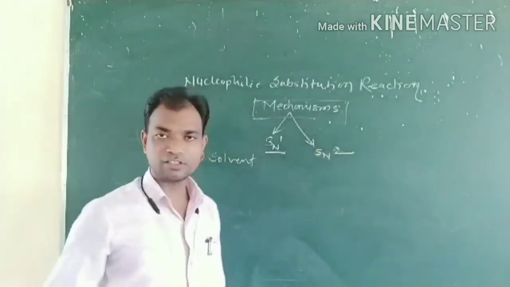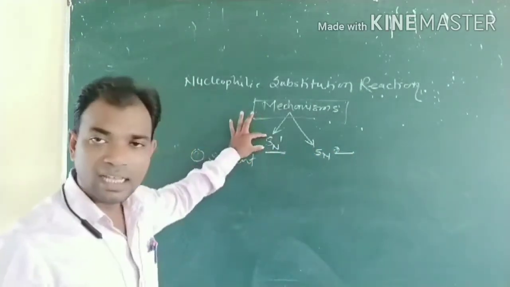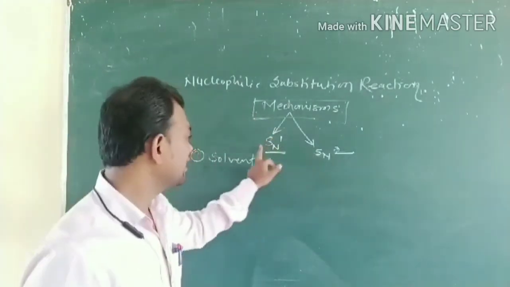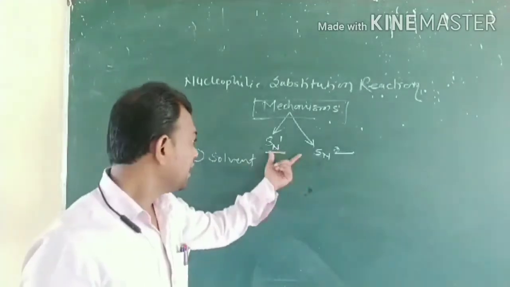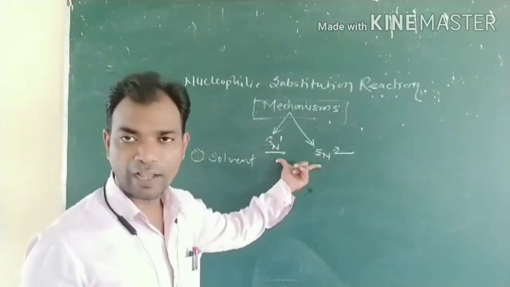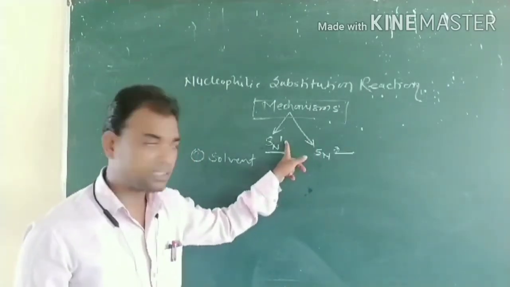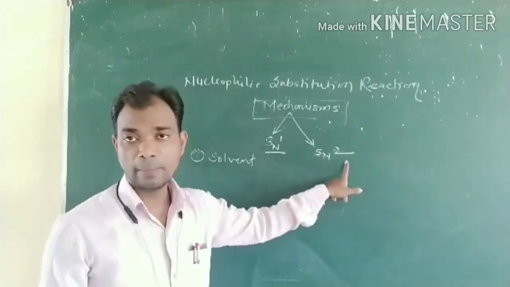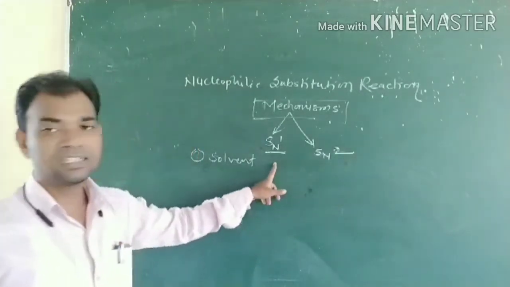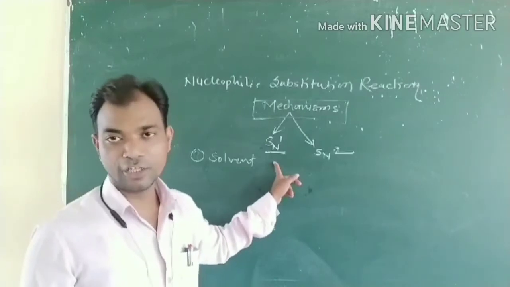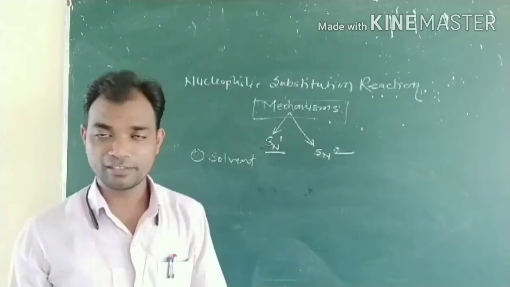In a simple way, S stands for substitution in both, N stands for nucleophile, 1 stands for unimolecular reaction and 2 stands for bimolecular reaction. Here the reagent is a nucleophile and the type of reaction is substitution.